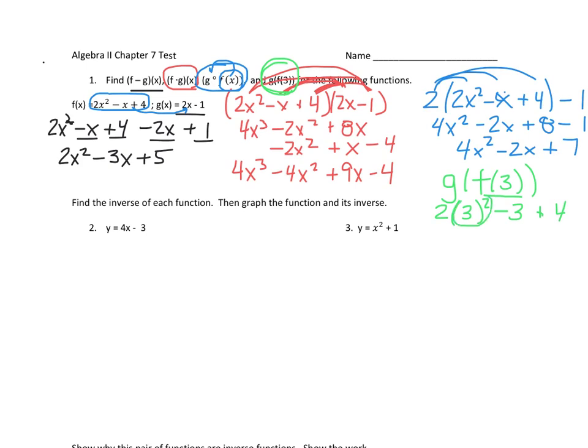So 3 squared is 9, times 2 is 18. I can combine here, so this is 15 plus 4, which is 19. That's f of 3, the inside parentheses. So now I'm going to do g of 19, which means I'm taking 2 times 19 and subtracting 1. 38 minus 1 is 37.